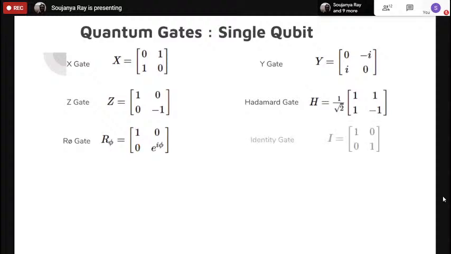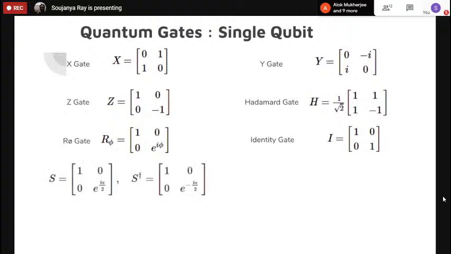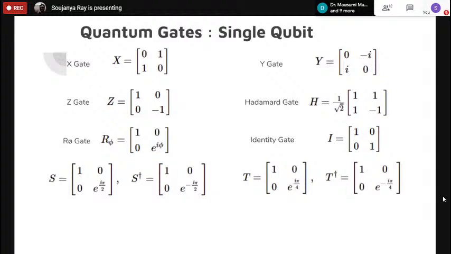And then you have the identity gate. You have heard about the identity matrix, and this is the same thing. It does nothing to the qubit; it leaves it as it is. And then we have the S gate and the S dagger gate, the T gate and the T dagger gate, and the universal gate.